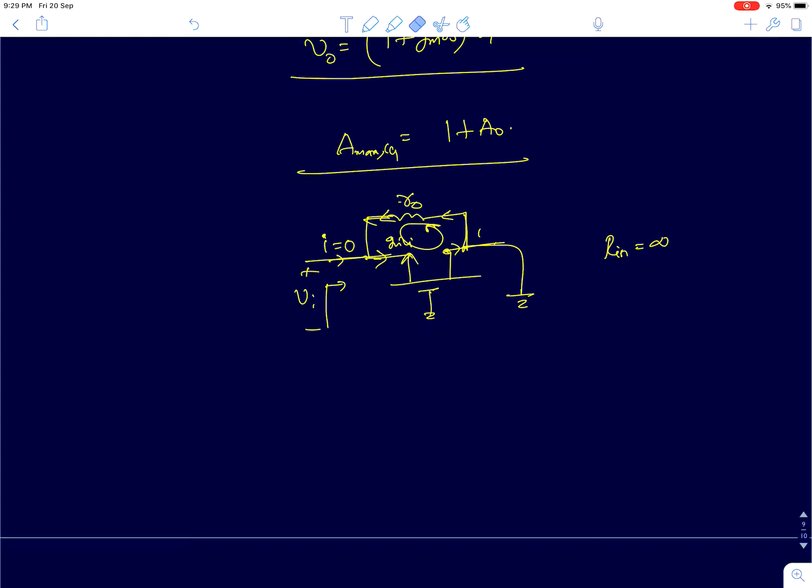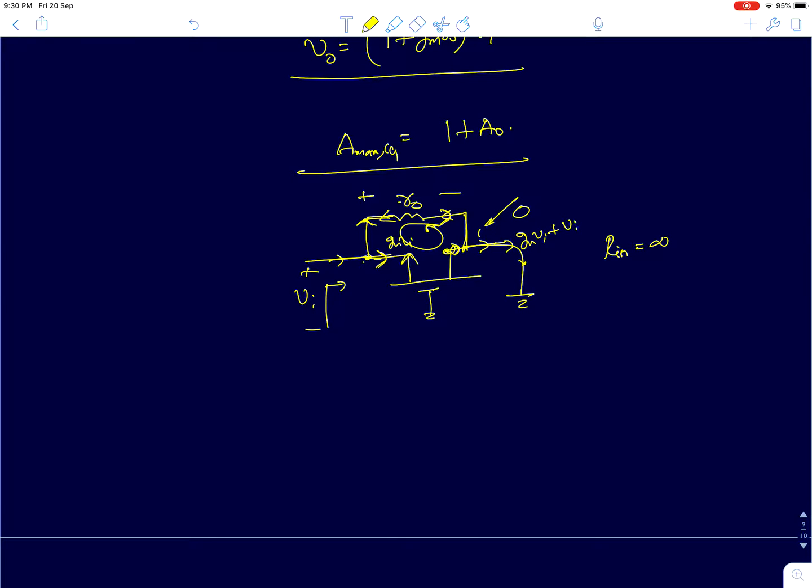If I short circuit the drain, there is a current gm*vi flowing, and as it comes out here, this is like a short circuit, so all the current will flow through this path itself. So you will have the current gm*vi flowing here. Also, there is a current through R0, because the voltage vi will entirely appear across R0, since this terminal is at 0 volts.